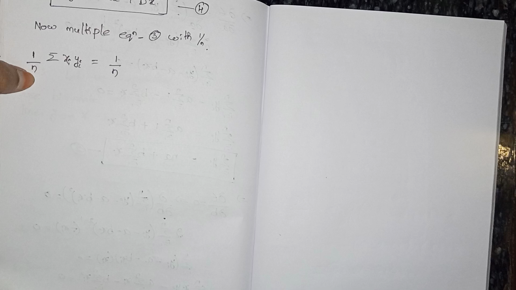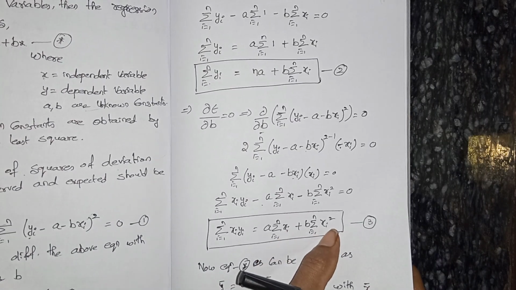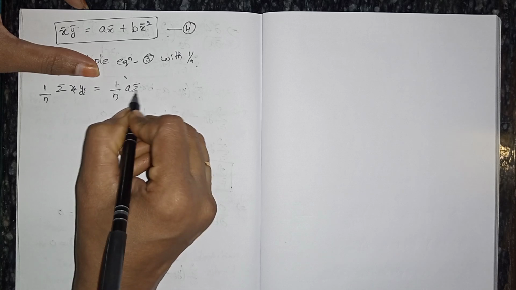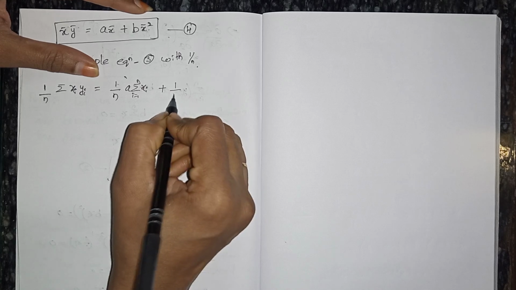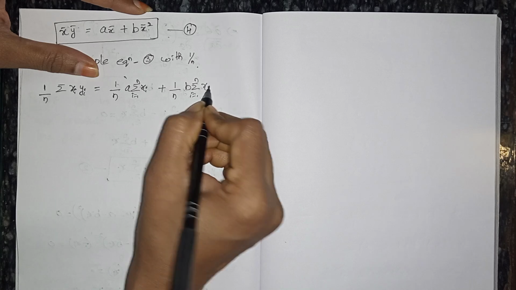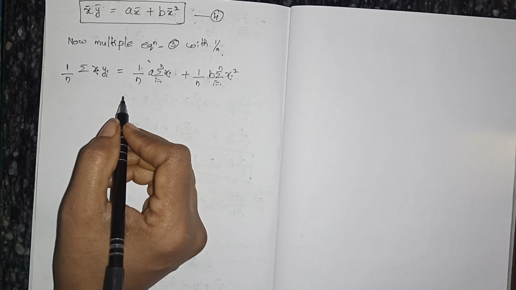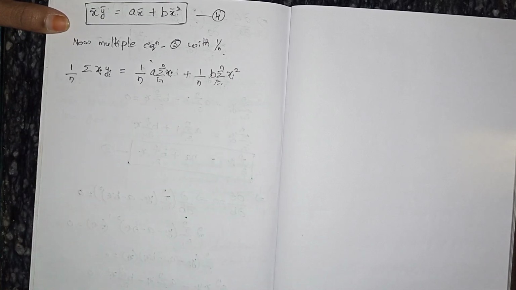So xi yi, 1 by n I have multiplied. Next is a summation xi, next is b summation xi square. 1 by n we have to multiply. Okay, so 1 by n a summation i equals 1 to n xi plus 1 by n b summation i equals 1 to n xi square. Okay, so we all know that. Now what we have to do is we have to replace the values if we know any values.